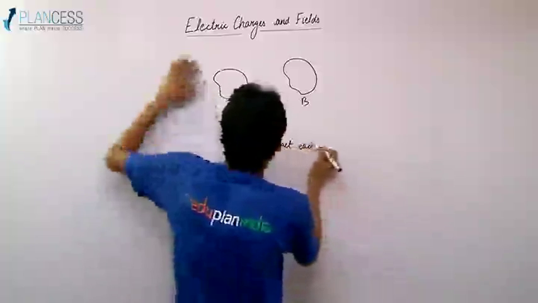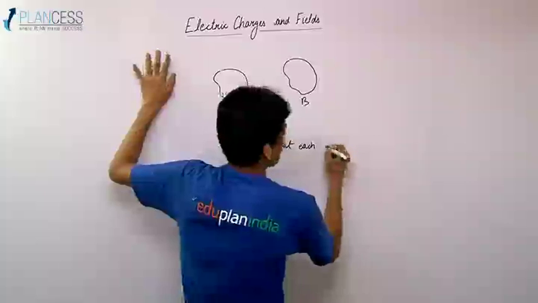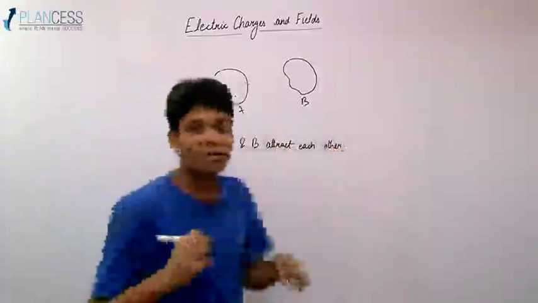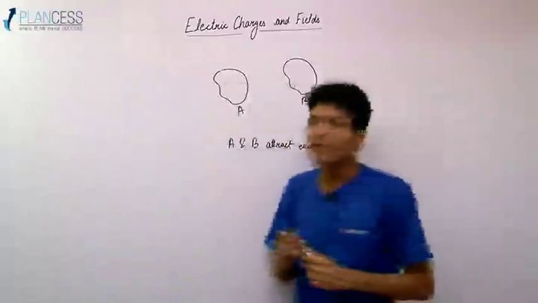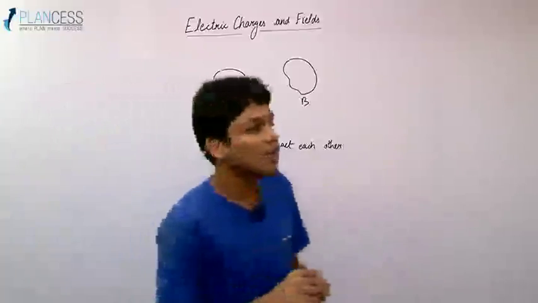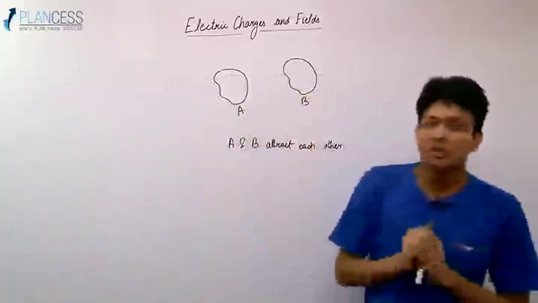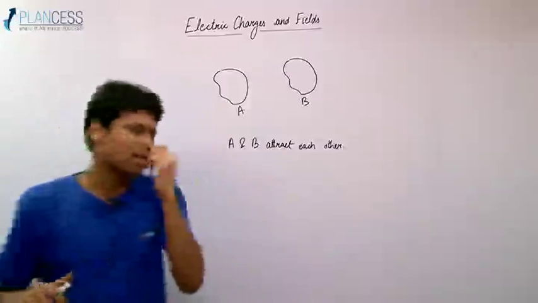We are not considering gravitational forces, we are just considering electrical forces. So what can you infer from this statement? Since we are considering only electric forces, one of the bodies must be charged, that is for sure. Otherwise they can't attract each other.